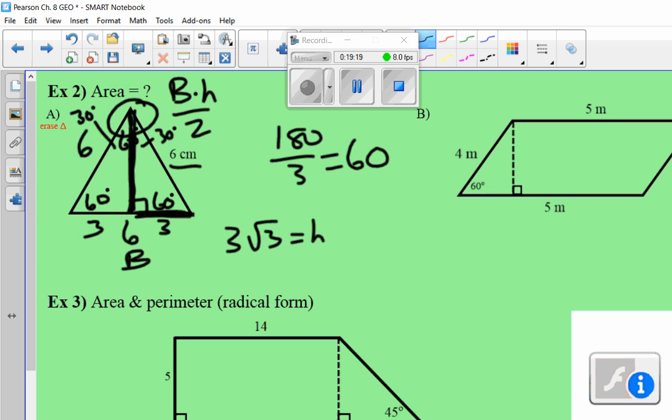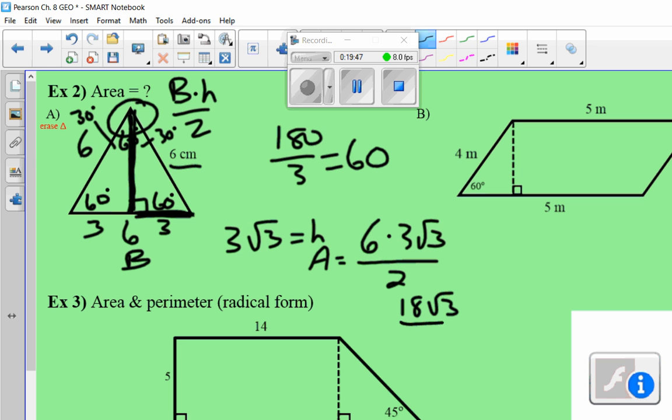All right. So now I have my base, which was 6. I have my height, which is 3 square root of 3, and I'm dividing it by 2. That's how I get the area of any triangle. Okay. So multiplying the top, 6 times 3 is 18, square root of 3, divided by 2.